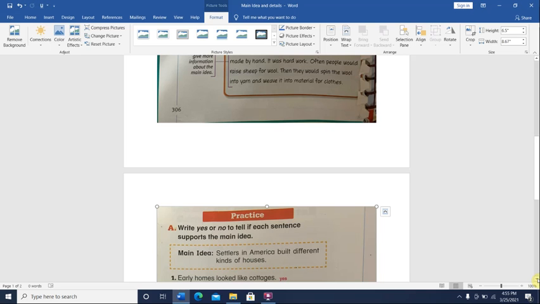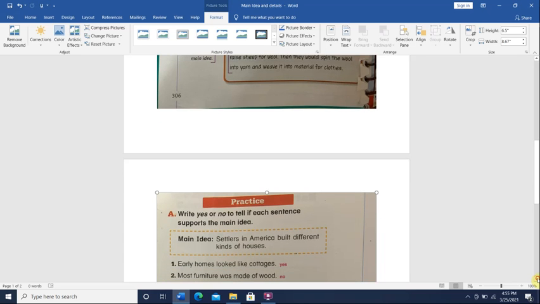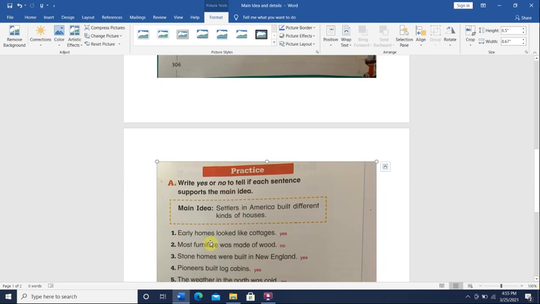So you have to understand the main idea to make sure, when you read the supporting sentence, that you understand whether it supports the main idea or not. So it says here, early homes looked like cottages.